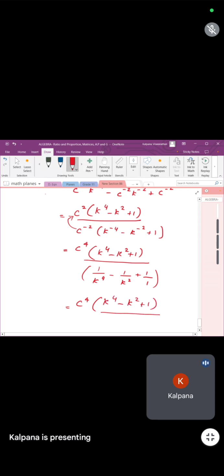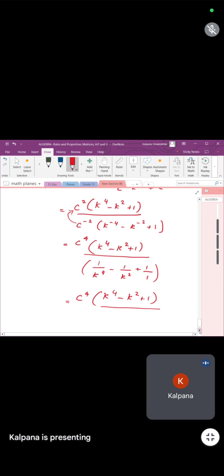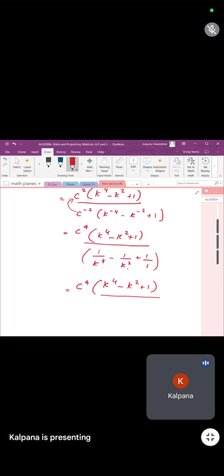Take LCM because the denominator part is a fraction. So your LCM for K power 4, K square and 1 is K power 4. So here it becomes 1 minus K square plus K power 4 divided by K power 4.